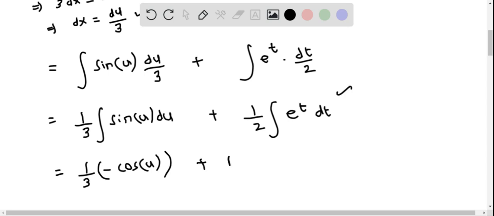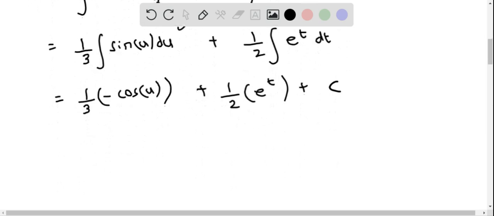So I put plus half of, using the standard integration formula, we know that integration of e raised to the power of the variable will be e raised to the power of the same variable, that is e raised to the power of t, plus now I put the integration constant for both integrals, that is I put this one constant c. Now we have to do the back substitution for the corresponding variables.